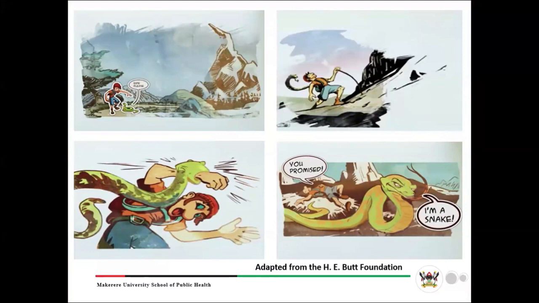The young man told the snake, I can never carry you on my back because you're a snake and you will bite me anytime. The snake pleaded with him and promised not to bite him. After a few exchanges, the young man took pity on the snake and carried it on his back. As they went up the mountain, they went conversing.